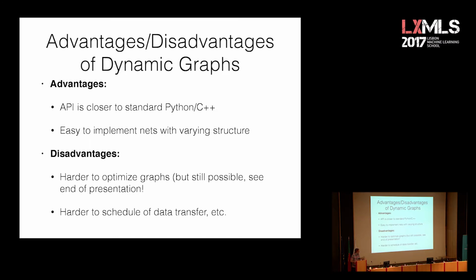It's also a little bit harder to schedule data transfer, etc. It's not trivial to use queuing operations and stuff like that. But I think mainly, especially if you're not a neural network expert, if you're going to learn a new framework at the moment, the first selling point is the really big selling point here. So you can just program in a way that's very natural to you, and I highly recommend this.